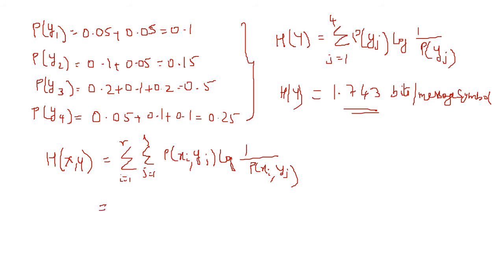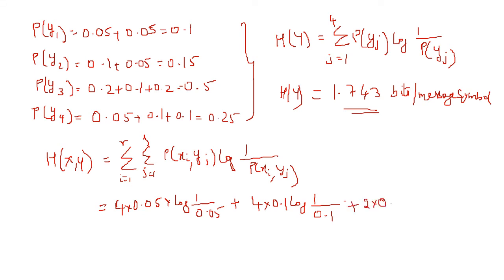So H of X comma Y will be equal to, we have 4 times 0.05 into log of 1 by 0.05, plus we have 4 times 0.1, so 4 into 0.1 log 1 by 0.1, plus we have 2 times 0.2, so 2 into 0.2 log 1 by 0.2.